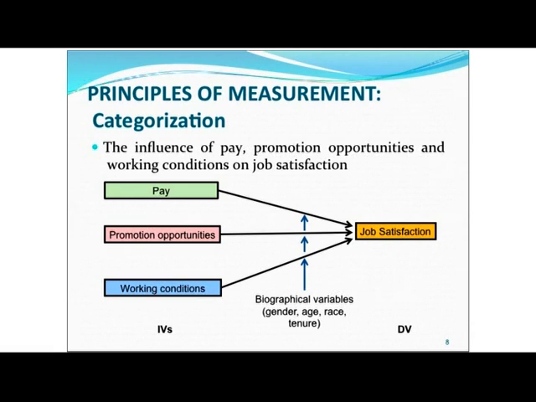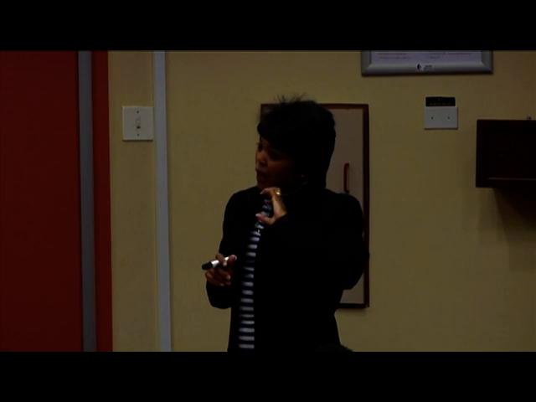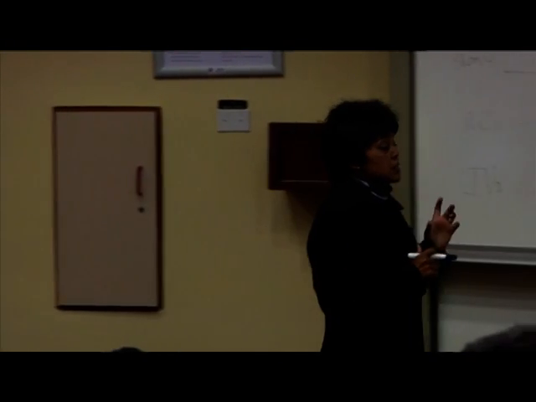But now, for any one of those pairs of variables, let's just take one pair: the influence of pay on job satisfaction. You cannot ask one question. When you ask one question, it might be the wrong one. It might not tap sufficiently into the influence of pay on job satisfaction.